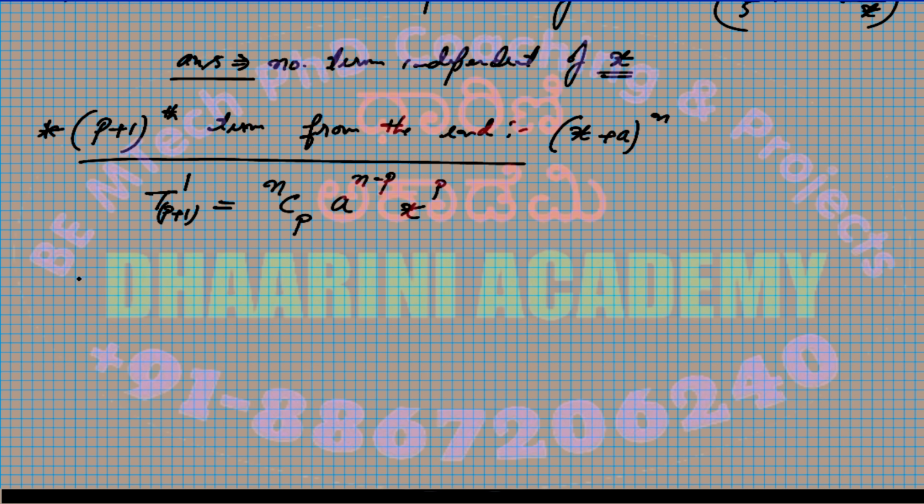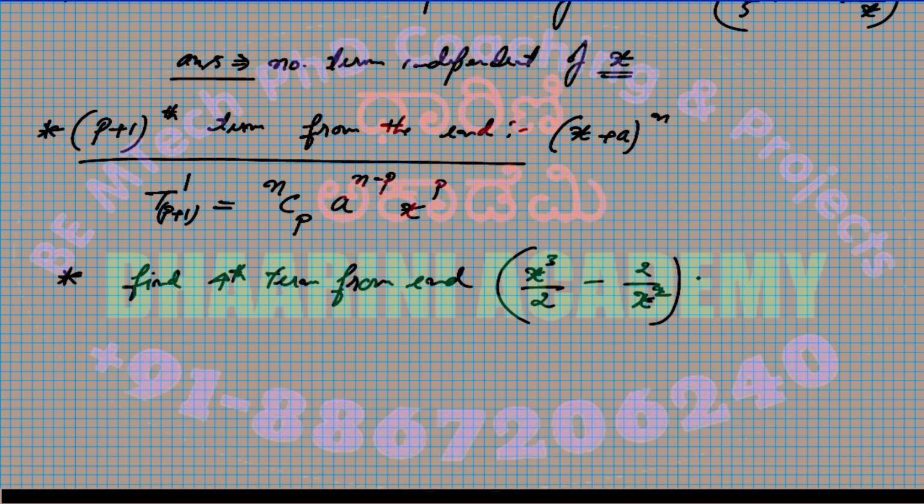Okay, quickly let's solve some fundamental problems now. Find the fourth term from the end in the expansion of (x cube by 2 minus 2 by x square) raised to the power 7.